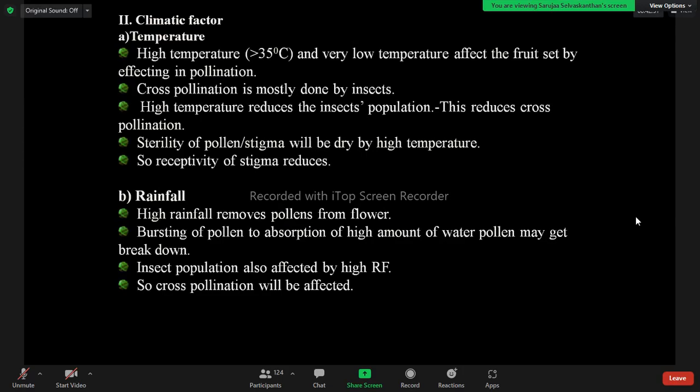The second one, climatic factors, under external factors: soil factor and climatic factor. Climatic factors are temperature and rainfall. High temperature and very low temperature affect the fruit set because of the effect on pollination.